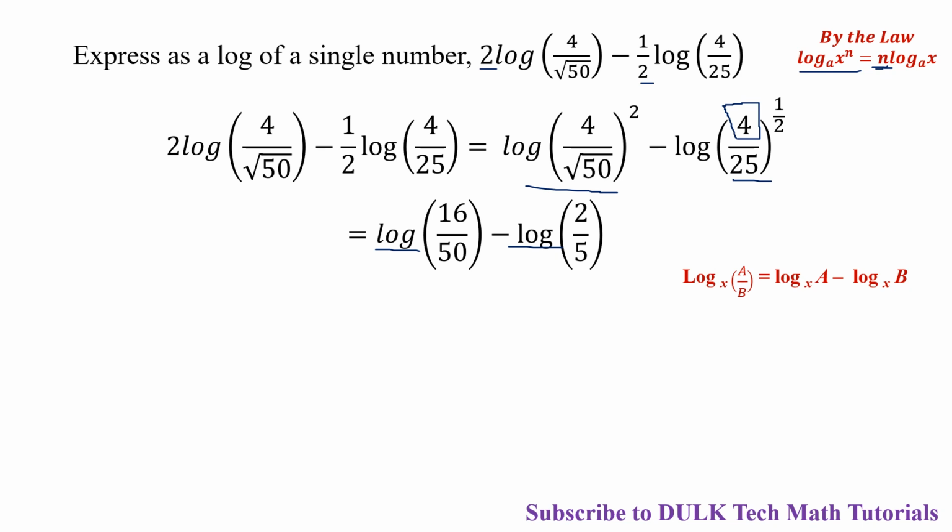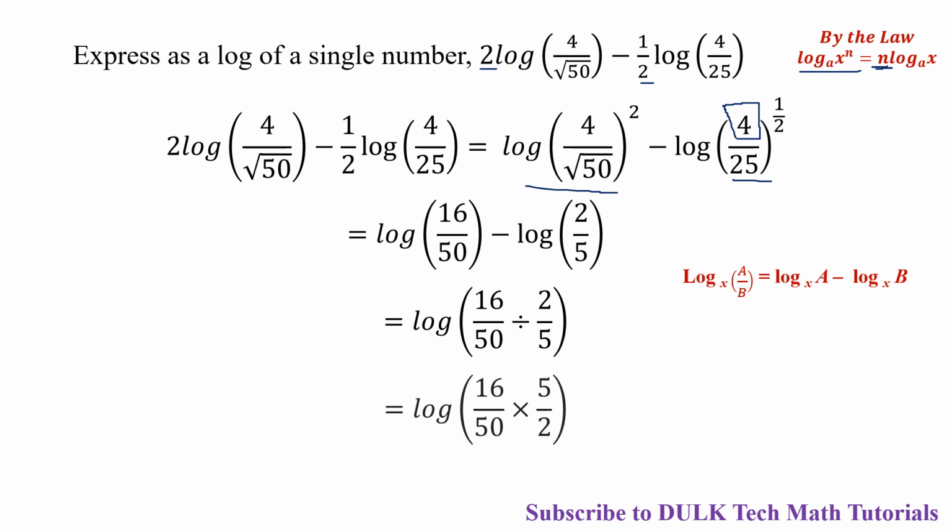Right, when we are subtracting, we simply divide this number 16 over 50 by 2 over 5. So this simplifies to, like this, right?